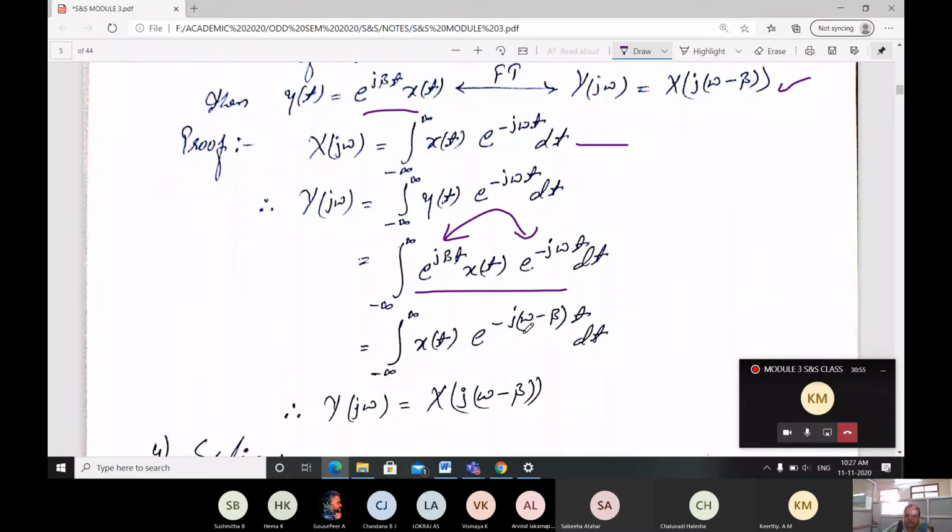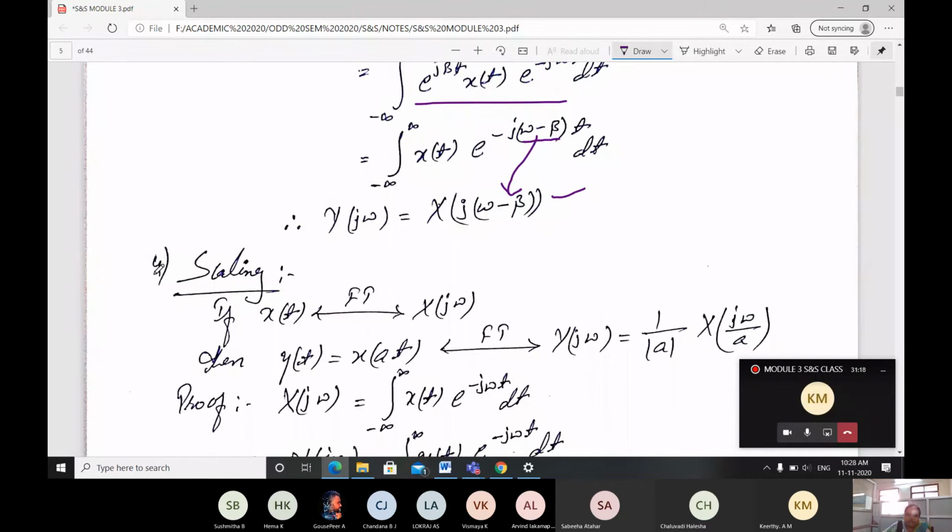This is nothing but our omega, right? Instead of omega, it is omega minus beta. Therefore, Y of j omega is equal to X of j omega minus beta. You will get this.